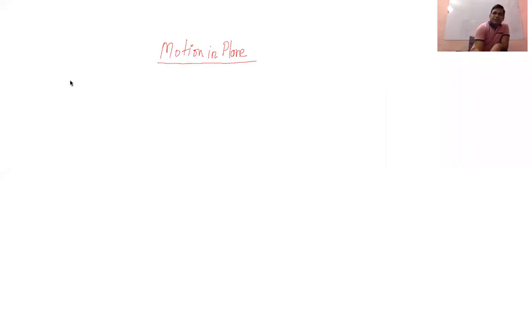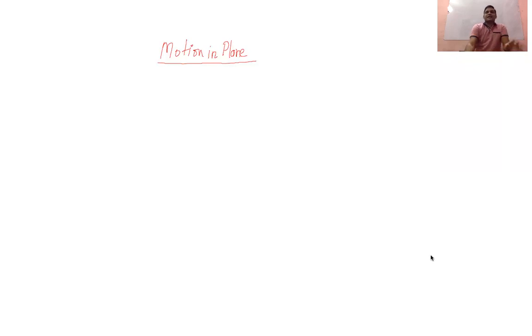If you're talking about motion in plane, so far we have studied the motion in a straight line. That consists of only one axis, whether it is x or y or z, any one of the axes is included in this particular motion that was said as a motion in one dimension.